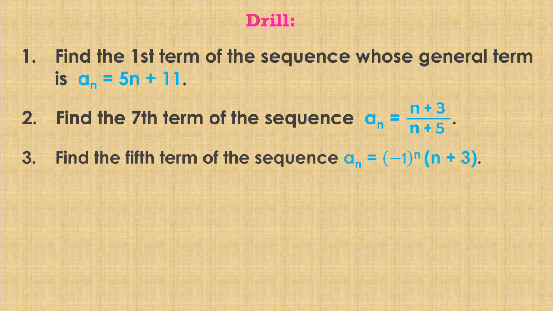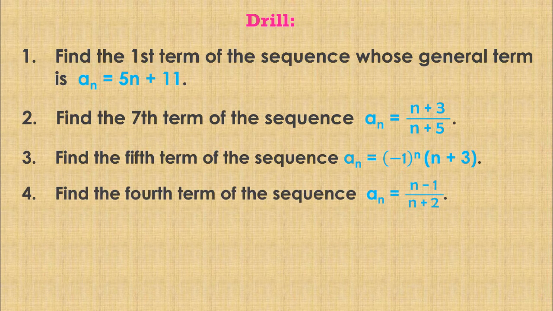3. Find the fifth term of the sequence a sub n equals negative 1 raised to n times the quantity n plus 3. Number 4.